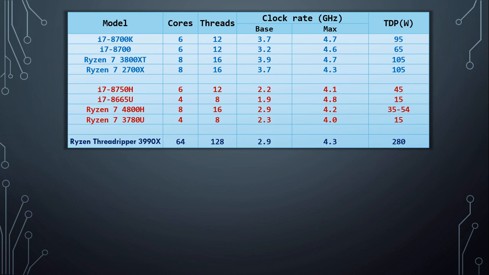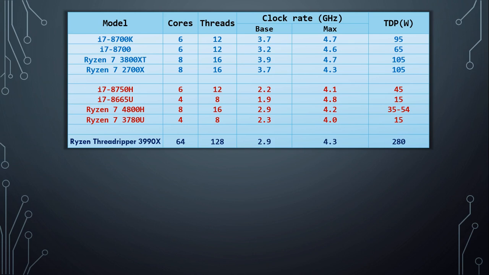One more thing I wanted to tell is that this maximum, topmost clock rate is denoted differently by different vendors. In Intel it is called turbo boost, and in AMD they call it turbo core. Also you can see in the last row there is one more processor listed, the Ryzen Threadripper 3990X.